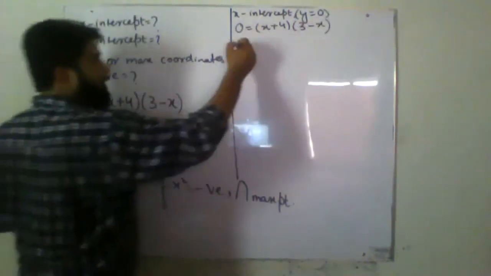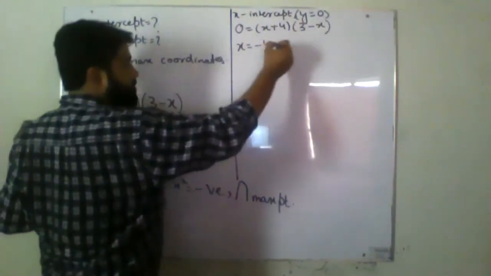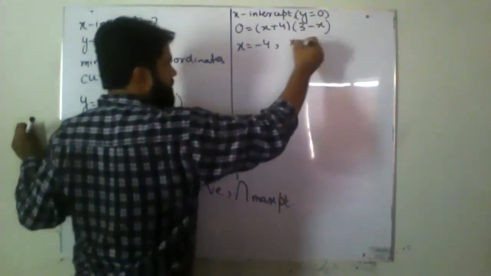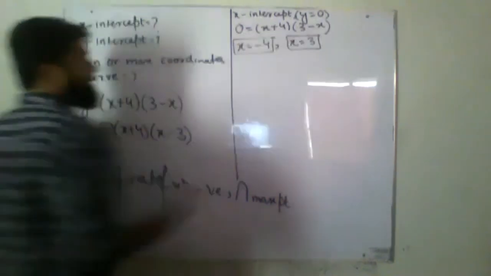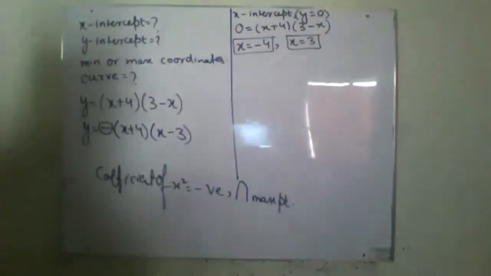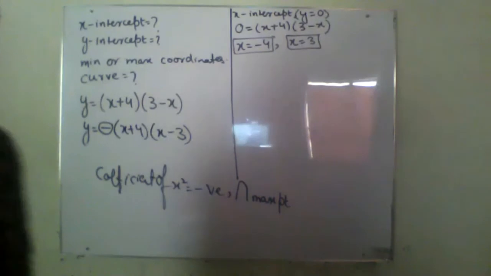So when I simplify it, this will become x equals minus 4 and x equals 3. These are your x-intercepts.